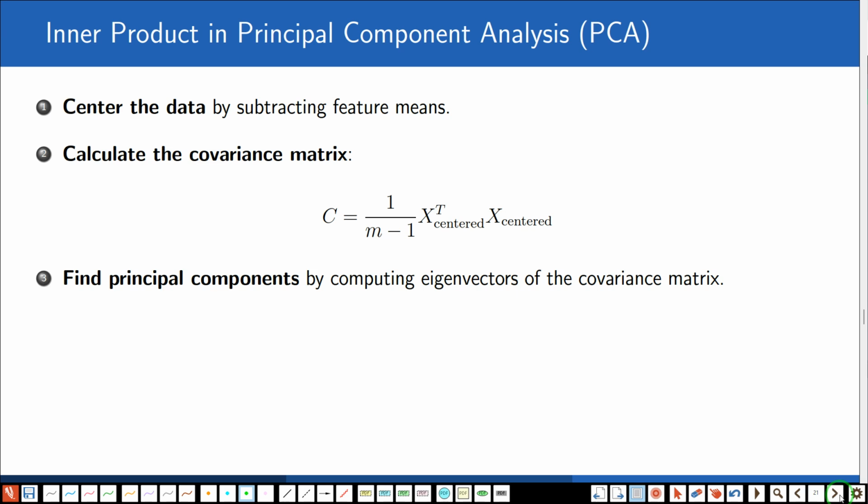Sometimes we can come up with a new representation of the data in a lower dimensional space, for example 2-dimensional or 3-dimensional space. The way we do this is we center the data and calculate its covariance, and using this covariance matrix we can find the directions which maximize the variance. Based on this we can create new features and reduce the number of features.